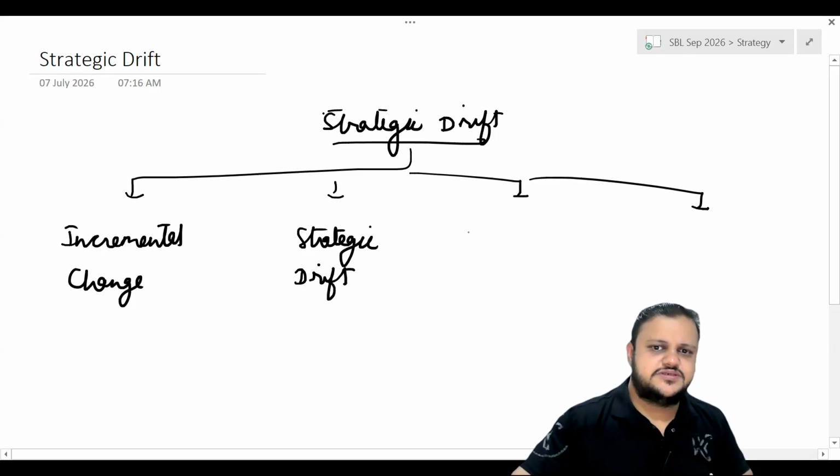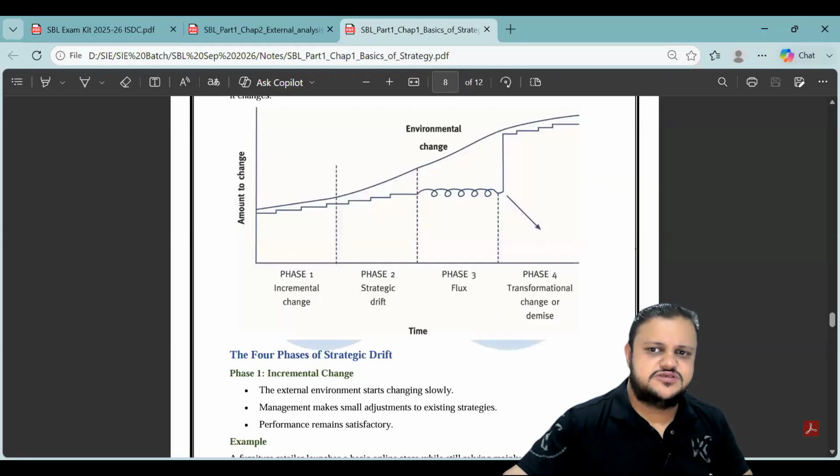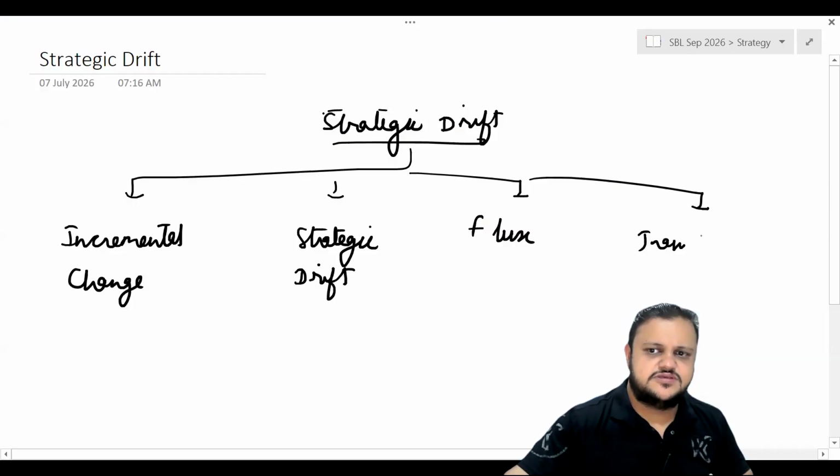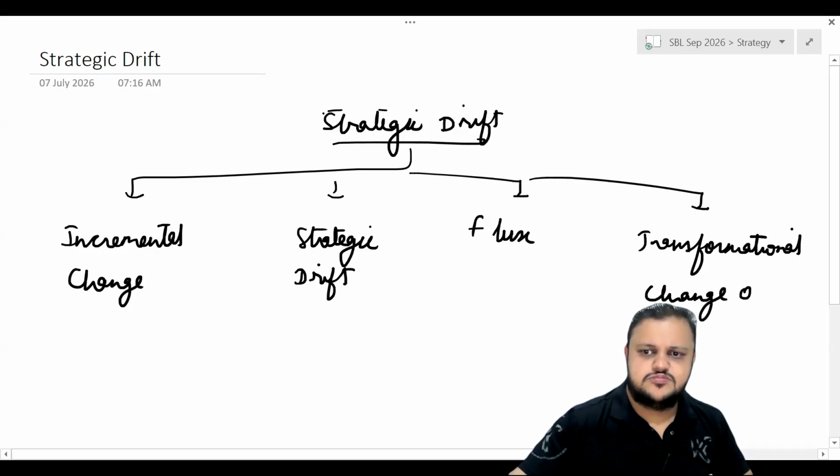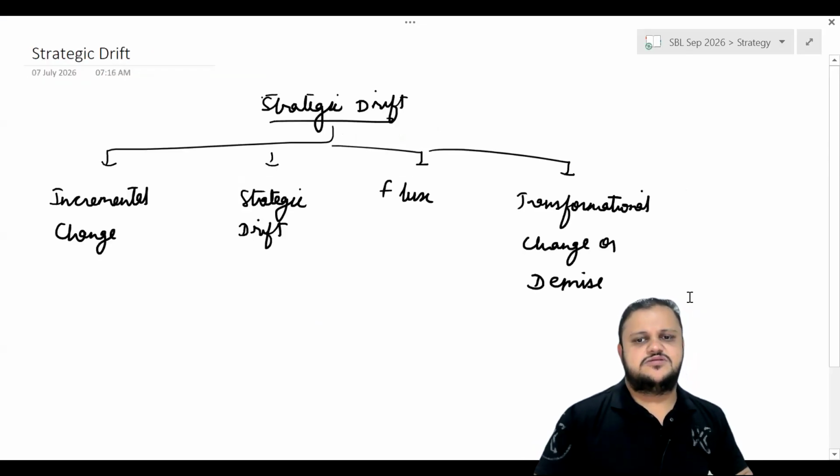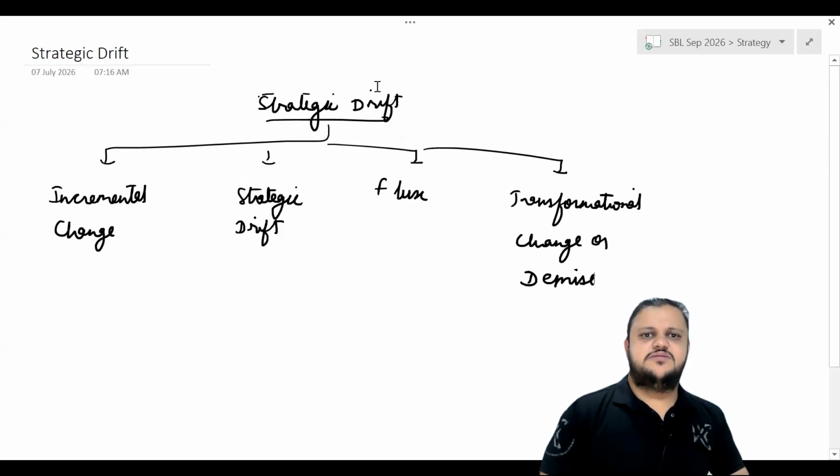Third is your flux, where you are losing your plot. Flux. And then transformational change or demise. Right? Transformational change or demise.